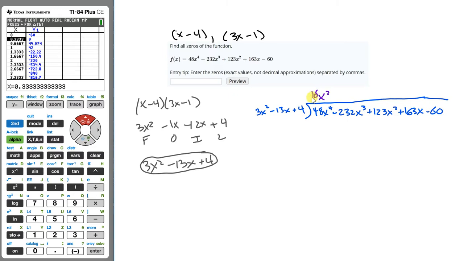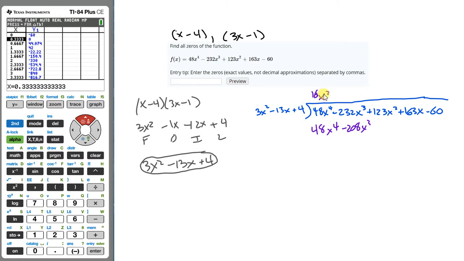Multiply back down. 16 times 3 is 48. Now 16 times 13: 16 times 10 is 160, and 16 times 3 is 48, so 160 and 48 is 208. So I'm going to have minus 208x to the 3rd, and then don't forget the 4 there.